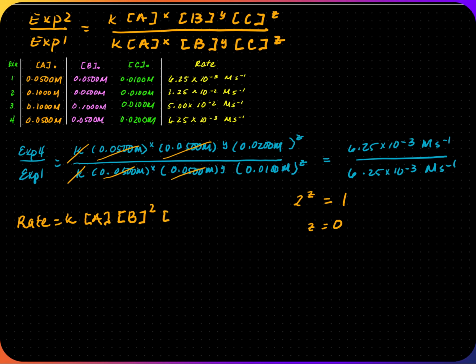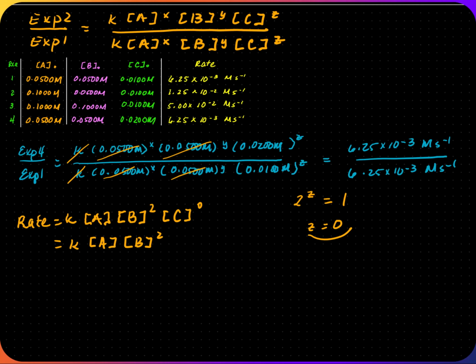My order for C is 0. When I write my rate equation, we do not include any reactant that is 0 order. This is just k brackets A to the first, B to the second. So this is my rate equation for this reaction. It is independent of the concentration of C.